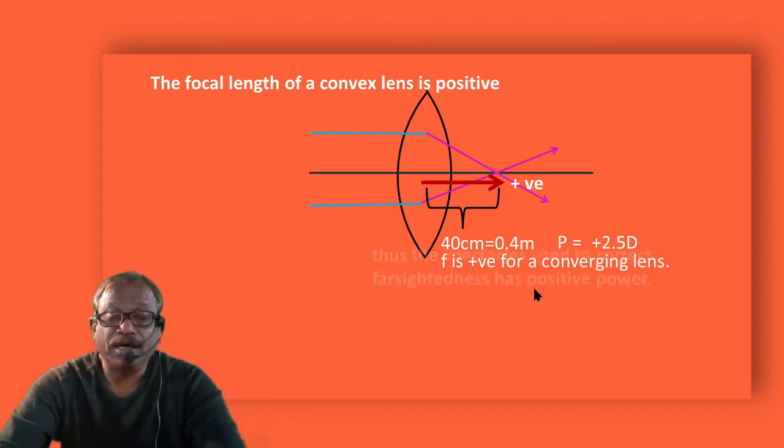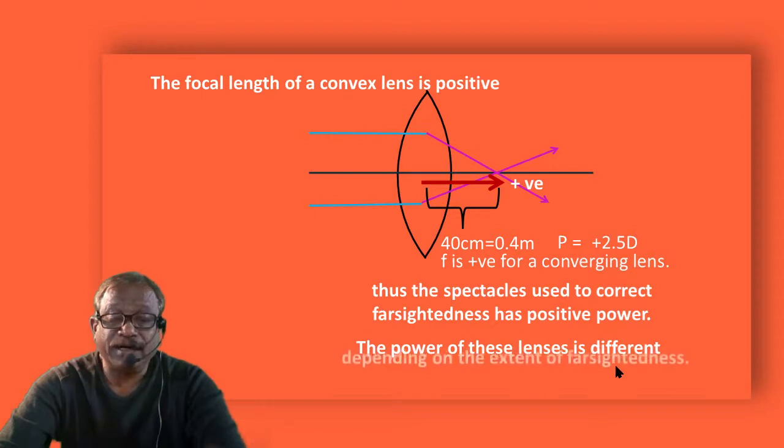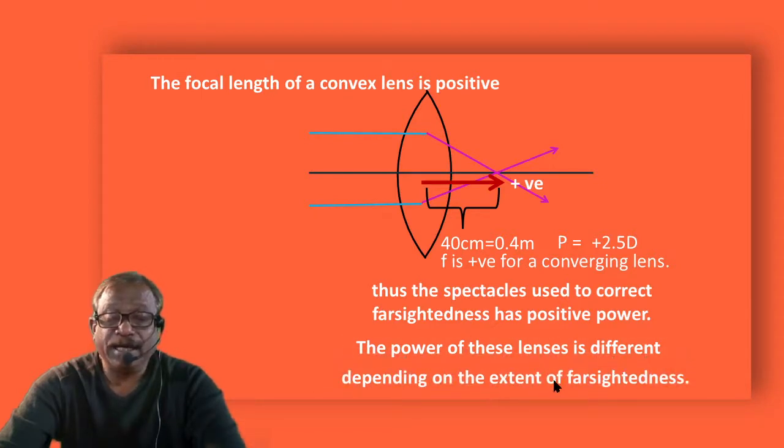So the power of the spectacle used to correct far-sightedness is positive power. So remember this. The power of these lenses is different depending on the extent of far-sightedness.